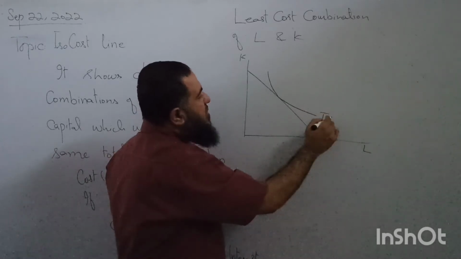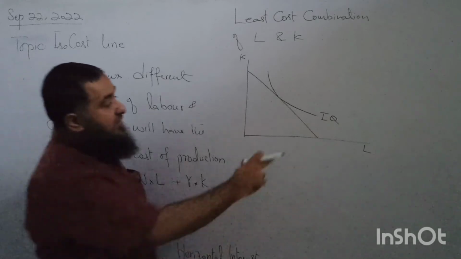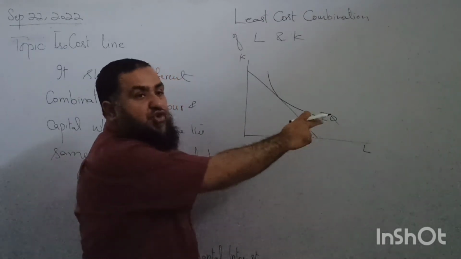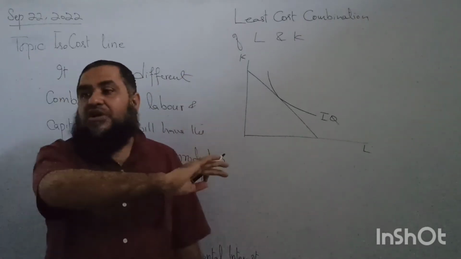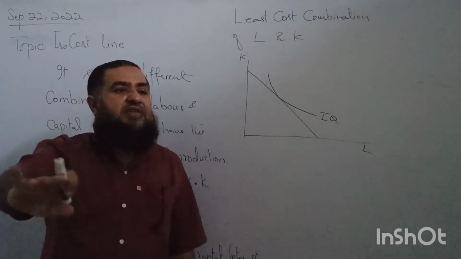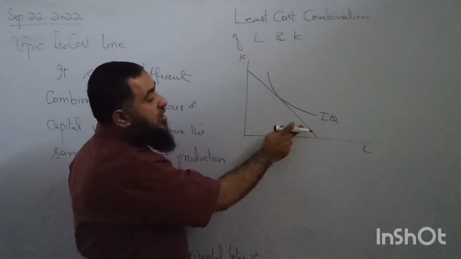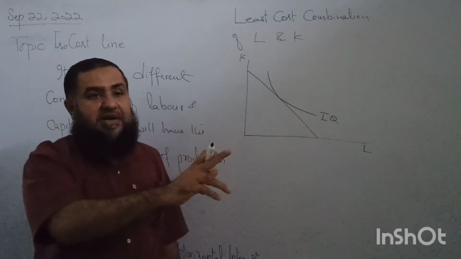This is the isoquant. Alright? The level of output was fixed or constant, which was shown by the isoquant curve, and the isoquant was not telling us anything about the relative prices of labor and capital. And this isocost line is telling us the relative prices of labor and capital.